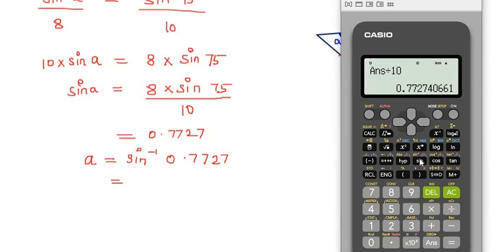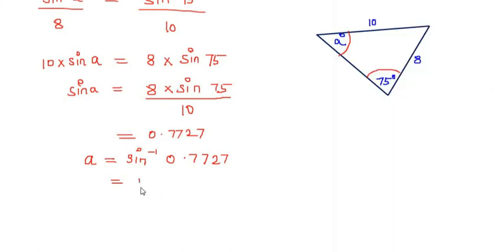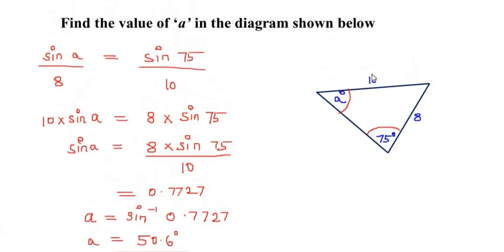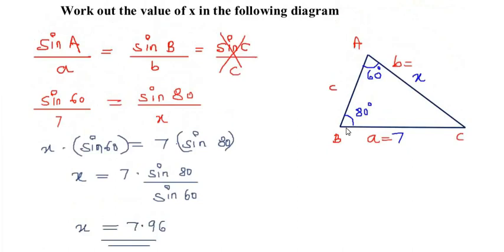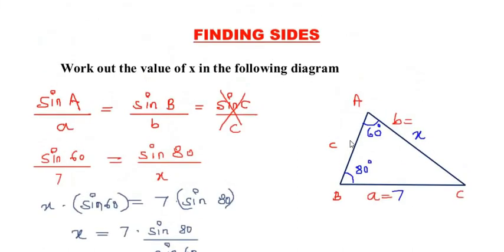Shift sine of the answer gives us 50.6. So this angle is 50.6 degrees. We have got the angle which was missing. This is how we find the angles and the sides using the sine rule.